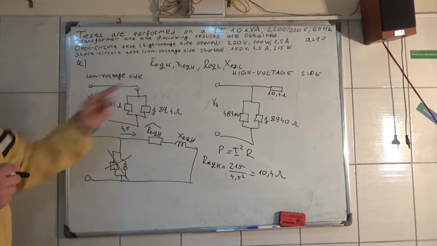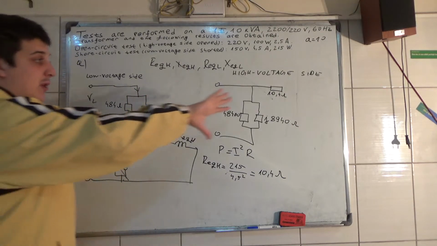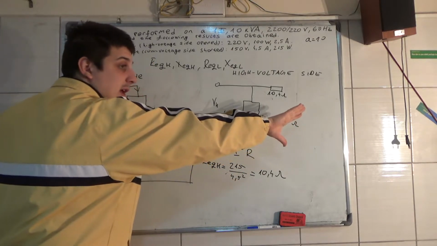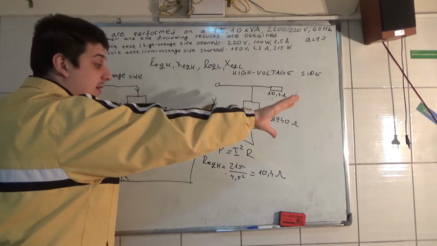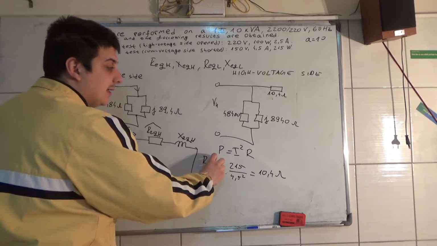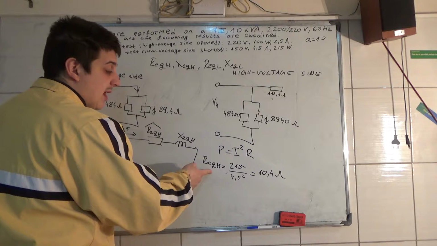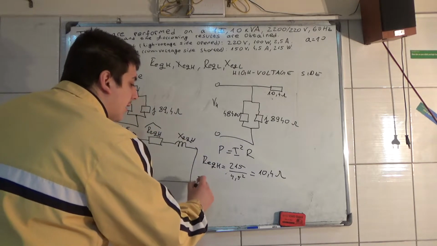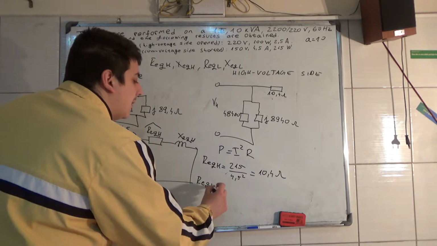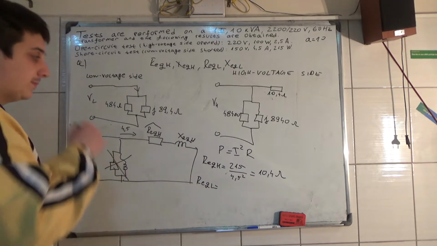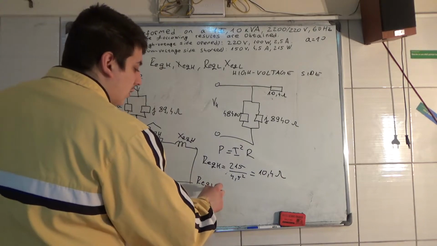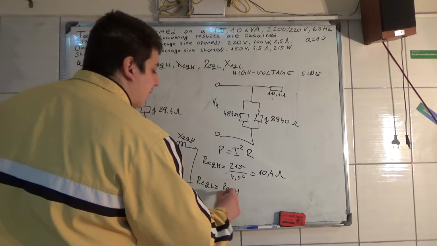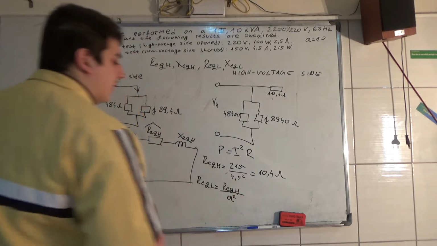But for the low voltage side, because here the low voltage side was a secondary, to transfer it to the low voltage side, our R equivalent L is equal to R equivalent H divided by A squared.